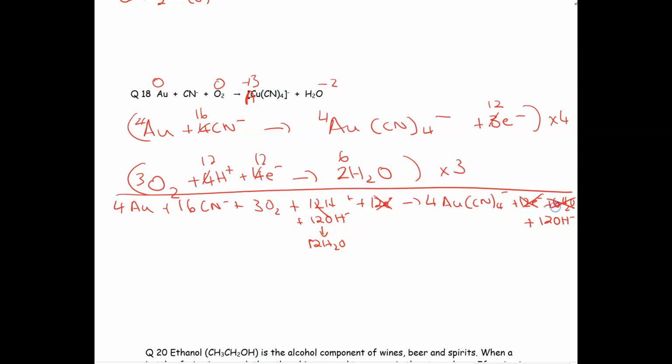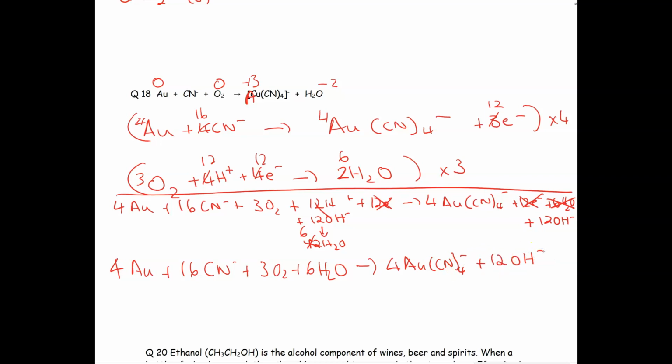So this 6 water cancels down to 6 water here, and your final result would be 4 gold plus 16 cyanide ions plus 3 oxygen plus 6 water goes to 4 aurocyanide ions plus 12 hydroxides. Now, basic conditions aren't in your syllabus, but I don't think it hurts to show you that the reality is, in this case, it would be in basic conditions.